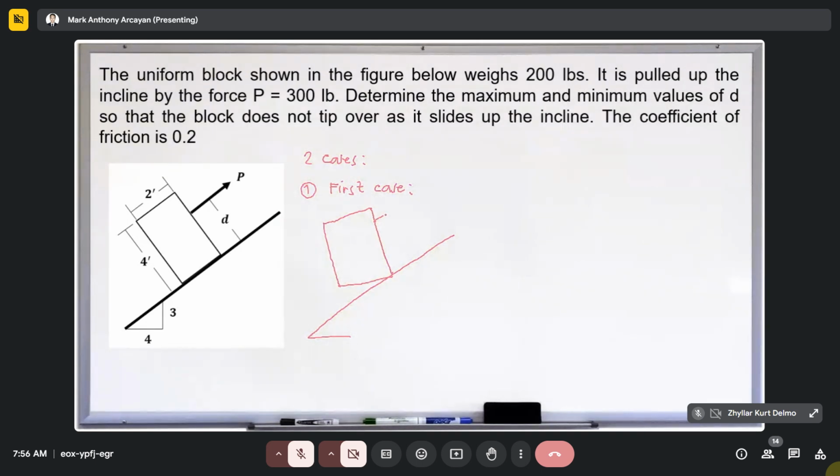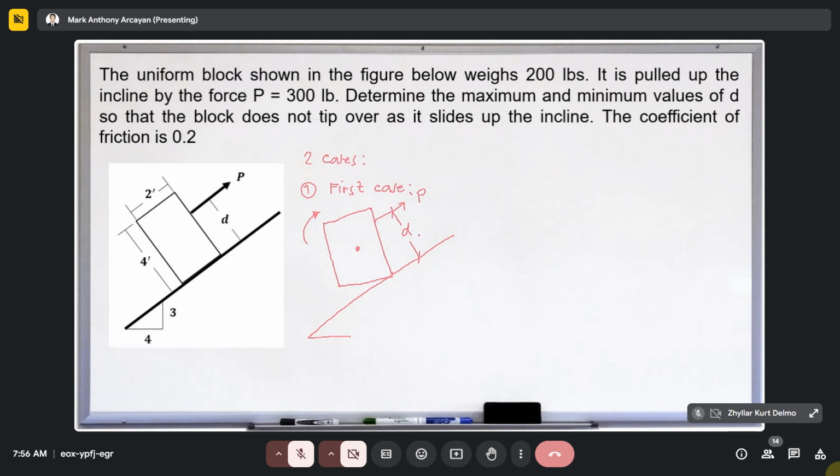If you position the force P at a distance D which is slightly higher from the center of gravity, since it has passed the center of gravity, then most likely it will overturn in a clockwise direction. It will topple in this direction.